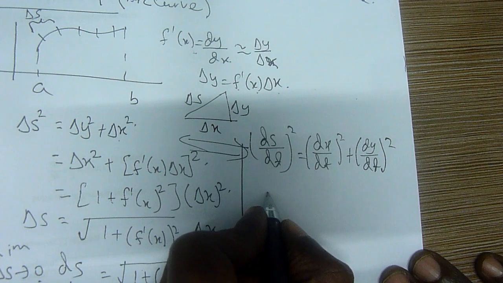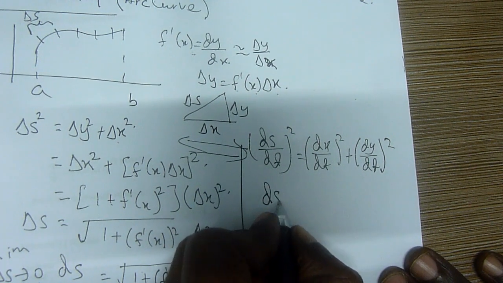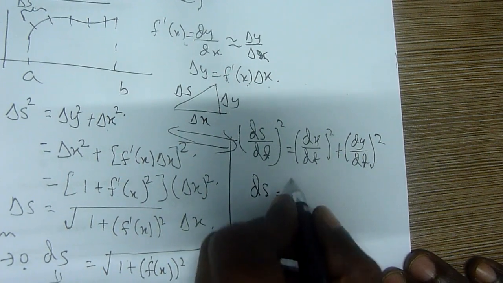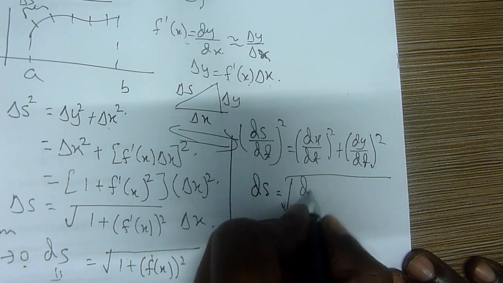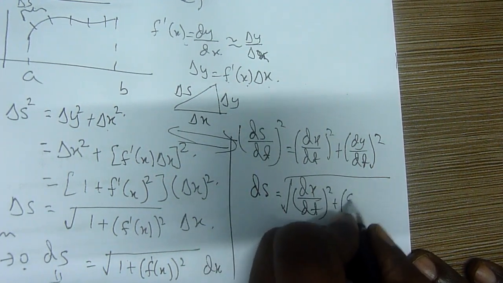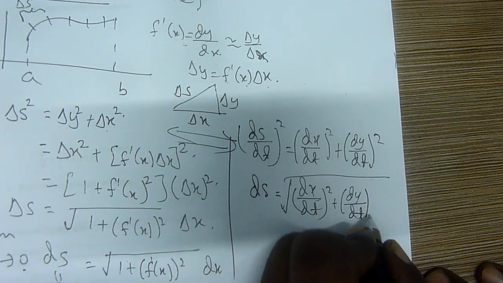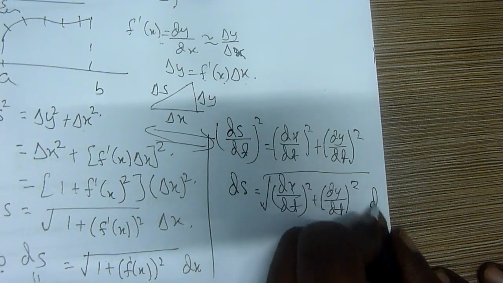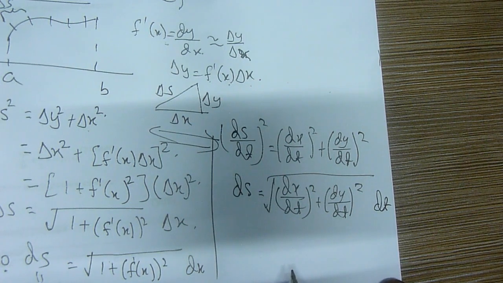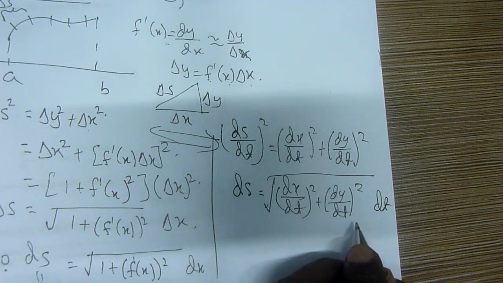Therefore, to calculate ds, take the square root of this, because we can calculate the (dx/dt) squared plus (dy/dt) squared, dt. Now you know why the parametric is calculated as such.